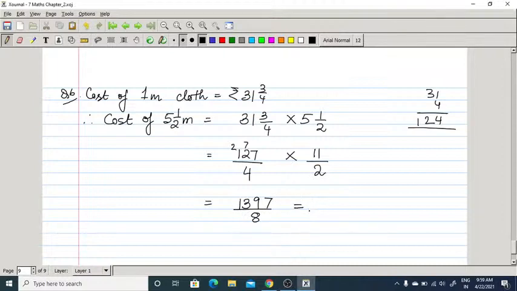This you can do orally or you can do it in the rough column. Both are allowed. So, okay, I suppose this is the answer.